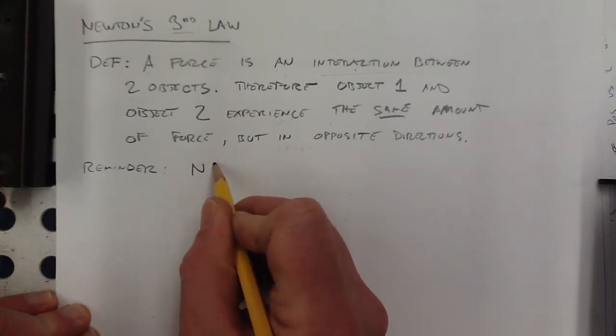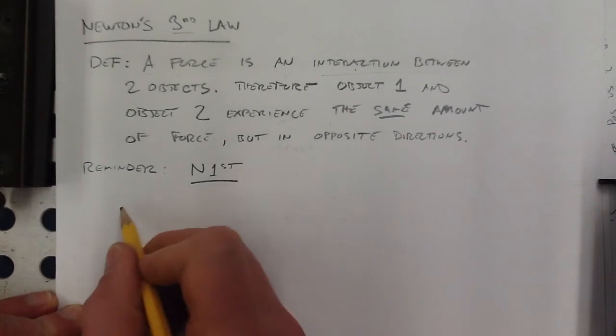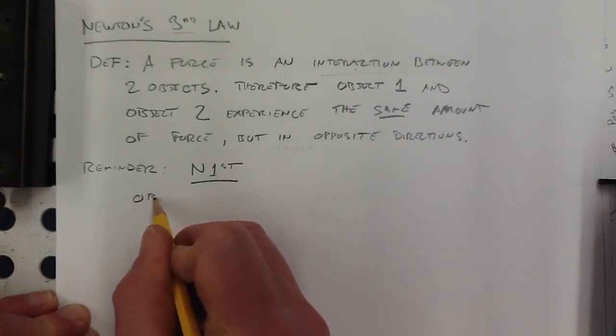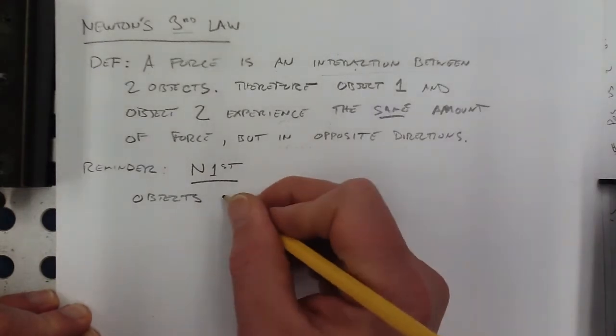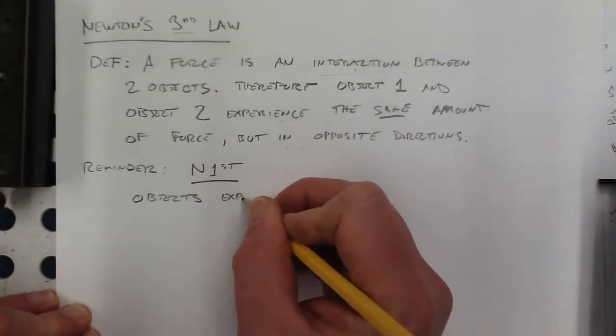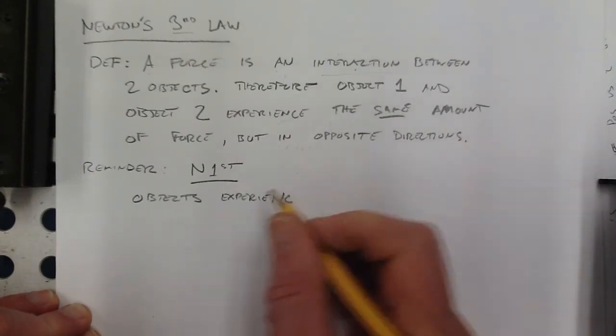So Newton's first law is that objects, there's a lot of different ways you can say this, I'm going to say it like this right here.